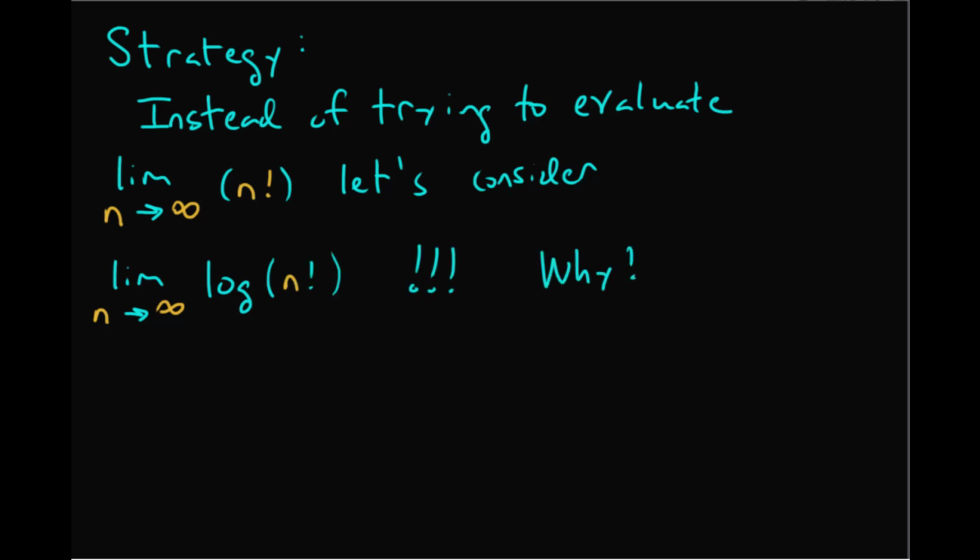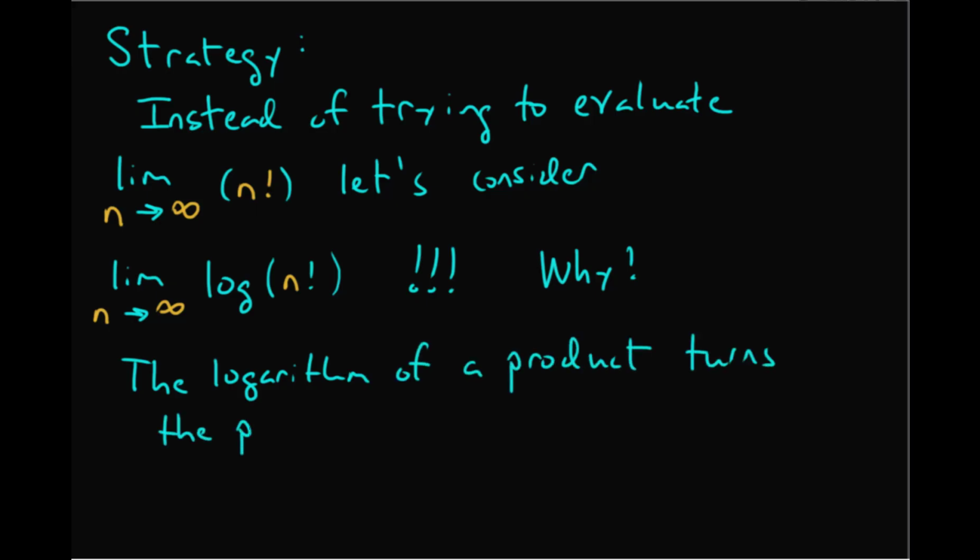Now, why are we doing that? We're doing that because the logarithm of a product is equal to the sum of the logarithms of the individual terms in the product. By taking the logarithm, I'm able to utilize all the tools I have at my disposal to evaluate sums. And the particular tool I have in mind here, of course, is the Euler-Maclaurin summation formula.